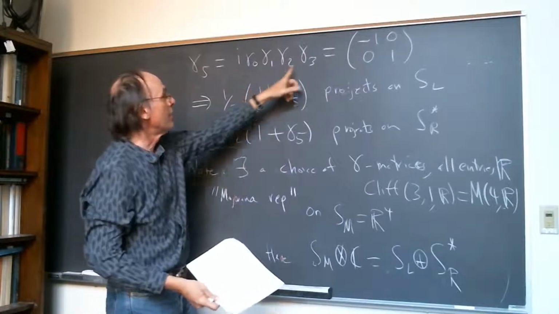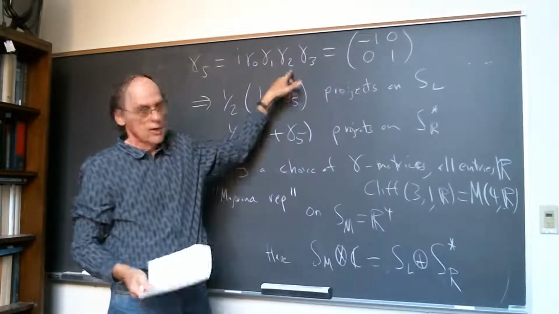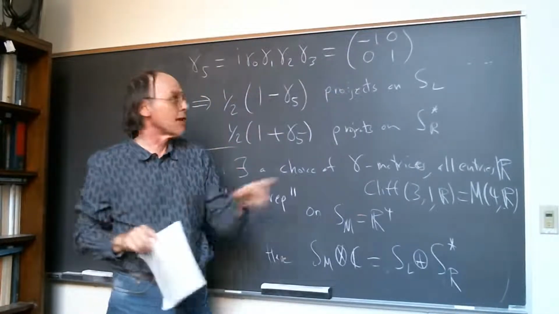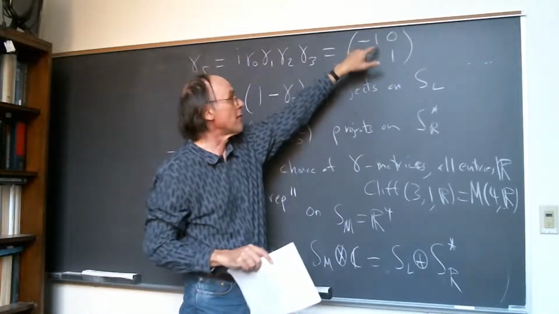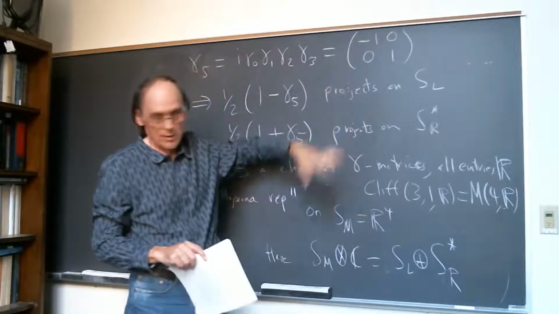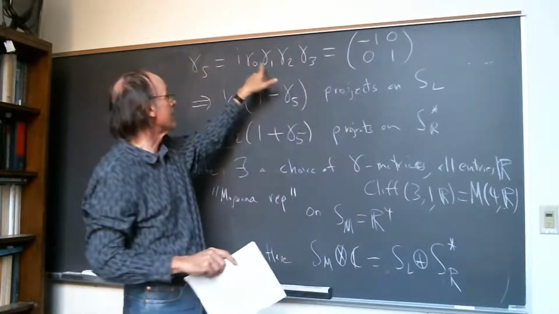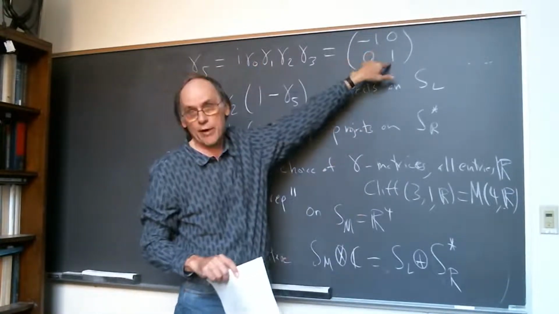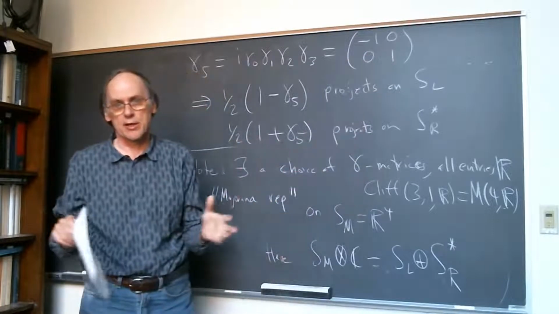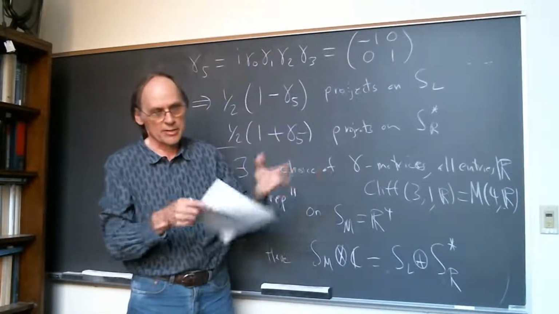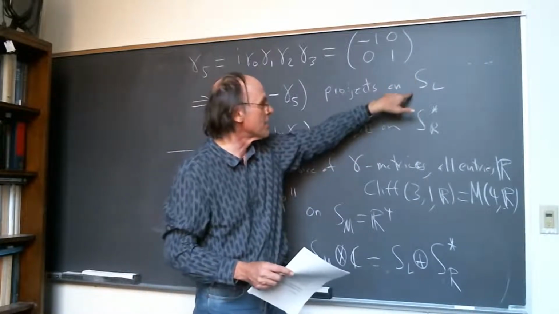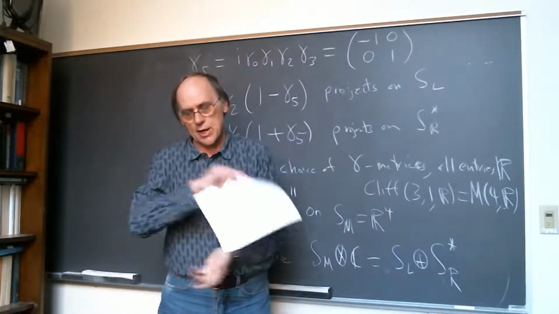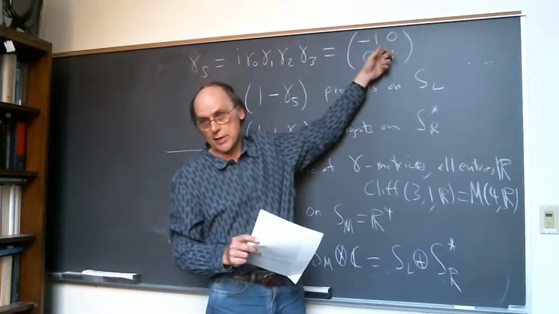The whole point of this particular version of gamma matrices I've used is that it diagonalizes gamma 5. In some other representation of the gamma matrices, gamma 5 will be some other thing, and if you want to recover these guys, you have to change basis and diagonalize it.